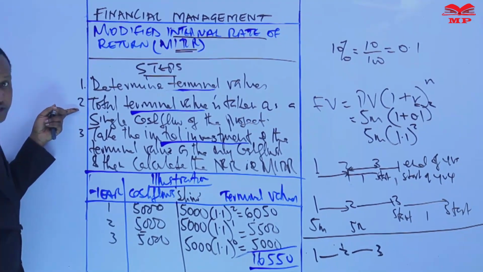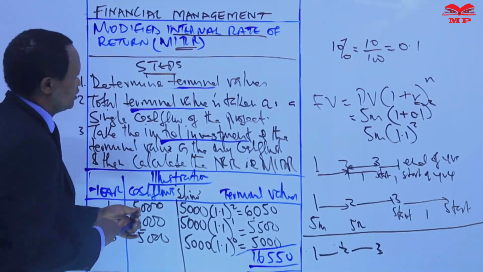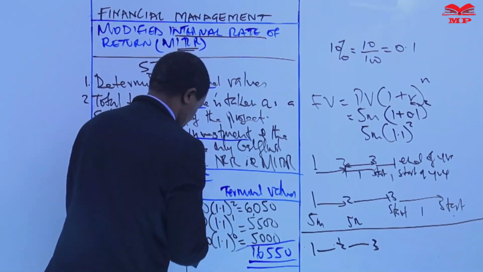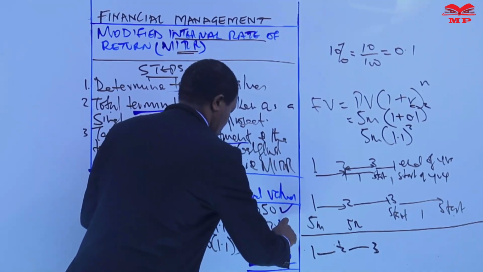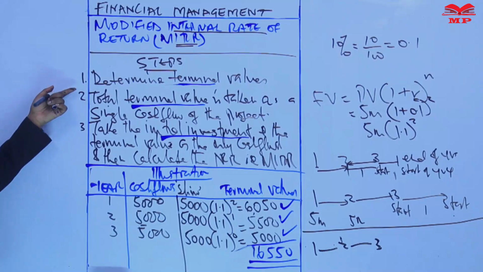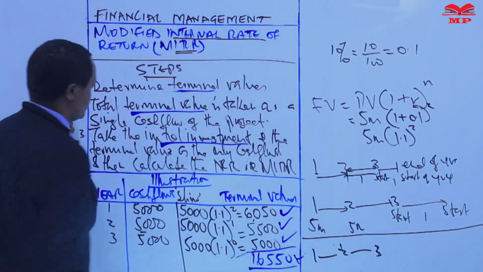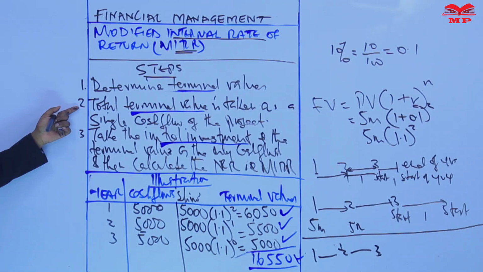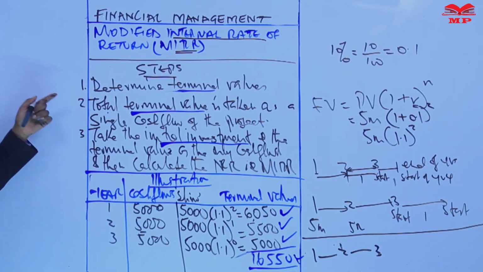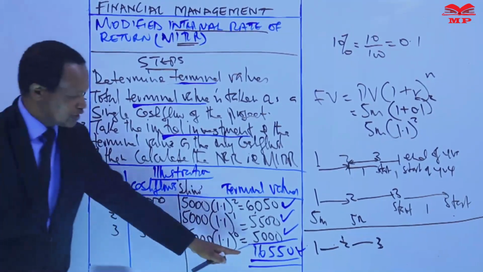That is already step number 2. These are the terminal values. Step number 1, terminal values. Step number 2, total terminal. That's the total terminal values. So the total terminal value is taken as a single cash flow of the project.